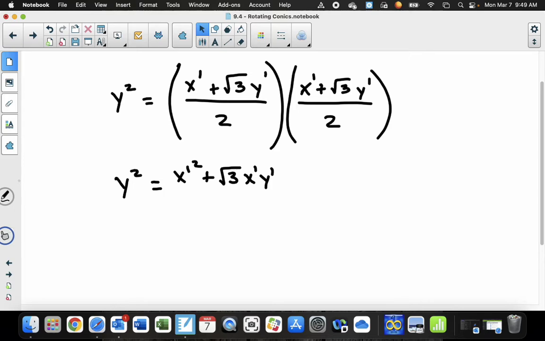Then we take the square root of 3y prime and we're going to distribute that. Square root of 3 x prime y prime. And when we distribute to the other part, square root of 3 times the square root of 3 is 3.